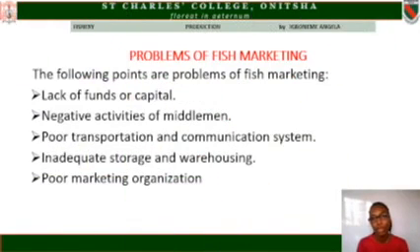The following points are problems of fish marketing: lack of funds or capital, negative activities of middlemen, poor transportation and communication system, inadequate storage and warehousing, poor marketing organization.